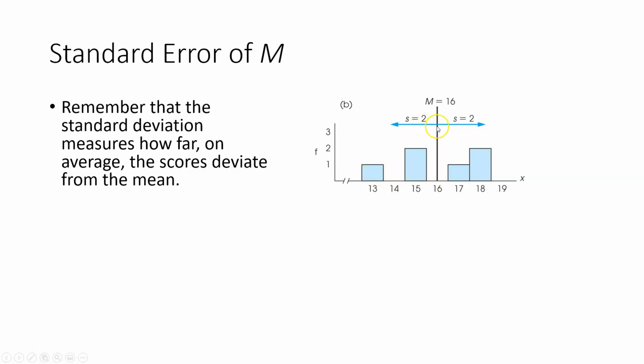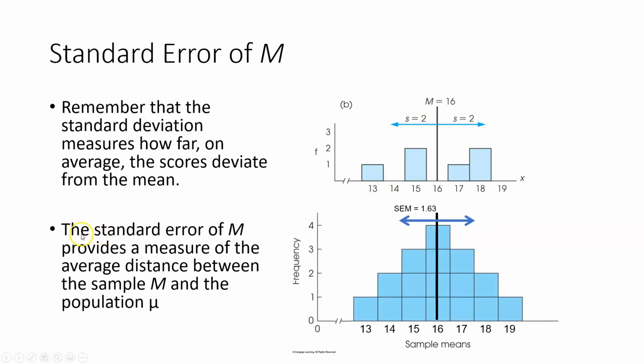You can see that the standard distance away in this sample here is 2, and the mean is 16. We indicate, as you recall, the standard deviation as an italicized little s and the mean of the sample as an italicized m.